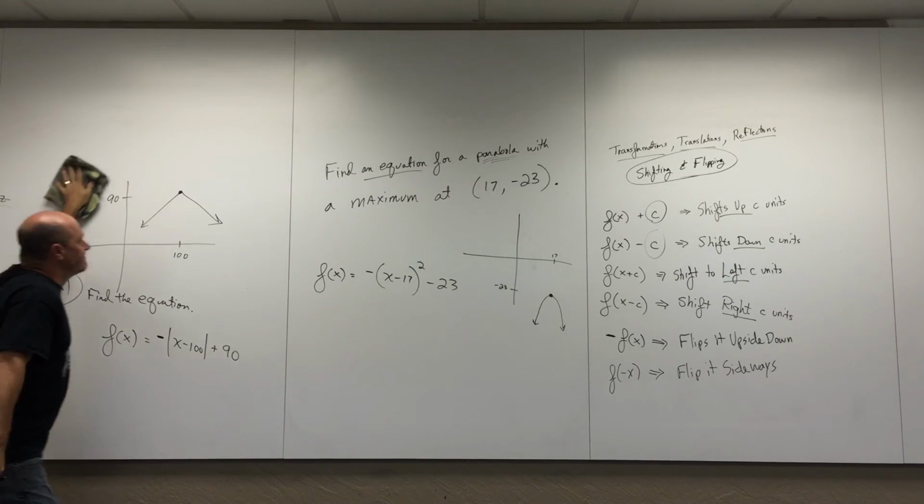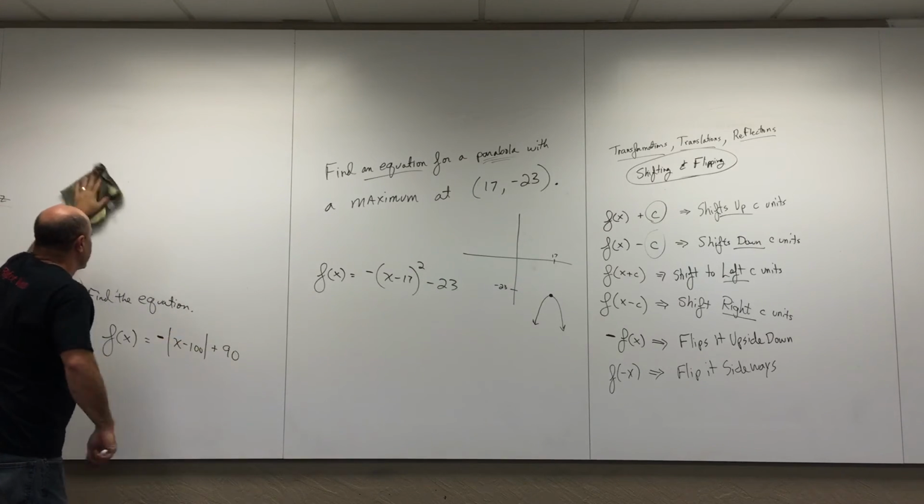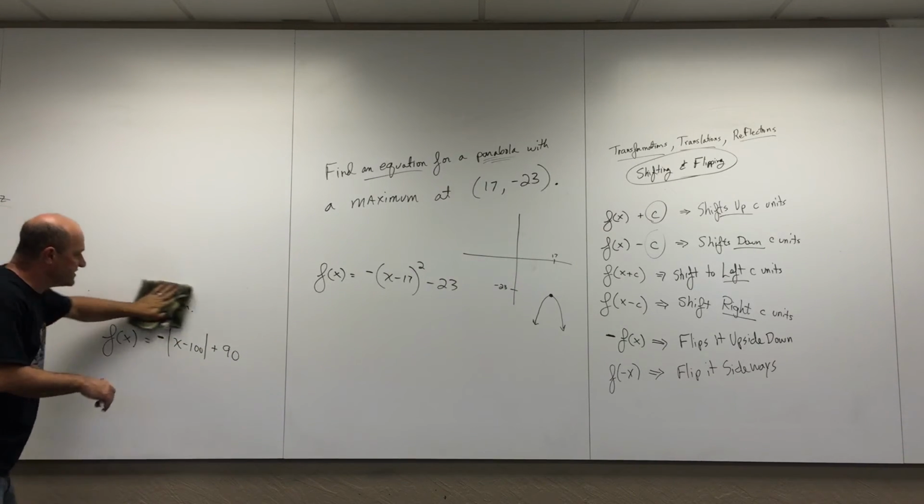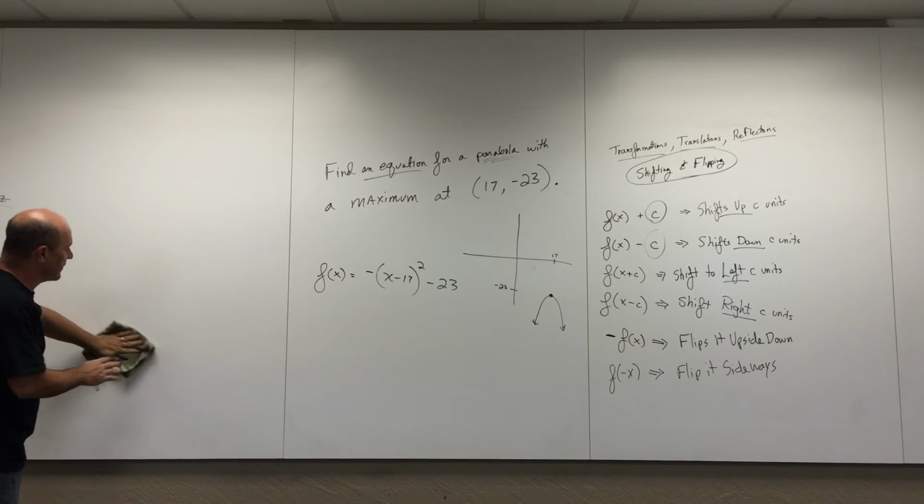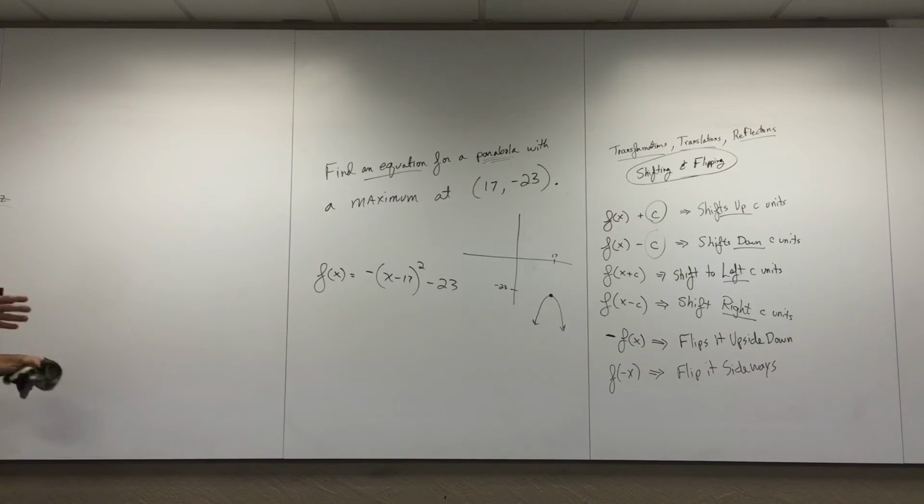So I will talk about these notes real quick, although this whole subject gets a little more complicated if you do start talking about that stretching and compressing. But I'm going to say this. If you have a letter A multiplied by your function, that's going to stretch or compress.